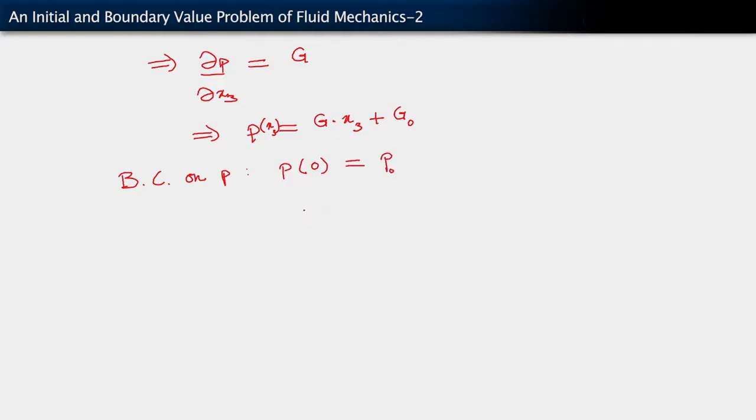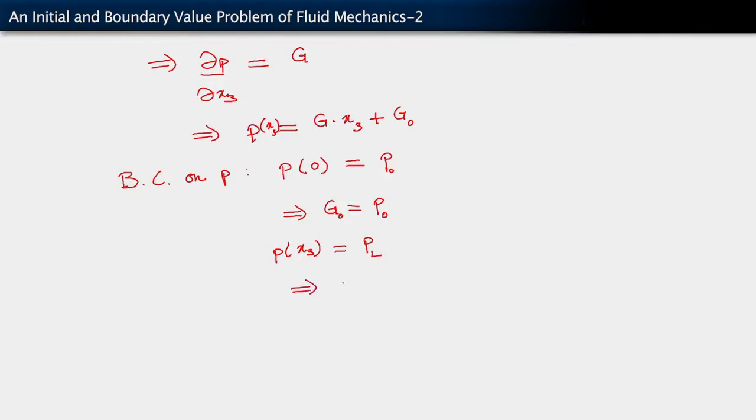What this implies for us then is that G0 is P0, and P at x3 equals L is the pressure at the outlet, which we had denoted as P sub L, as our boundary condition.